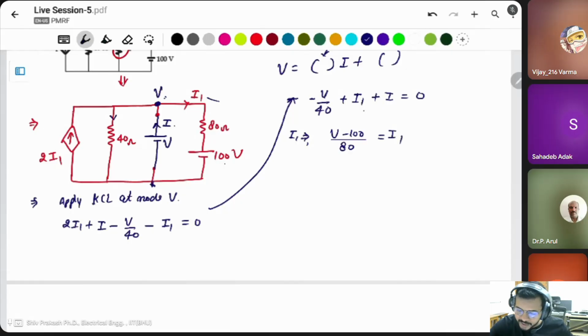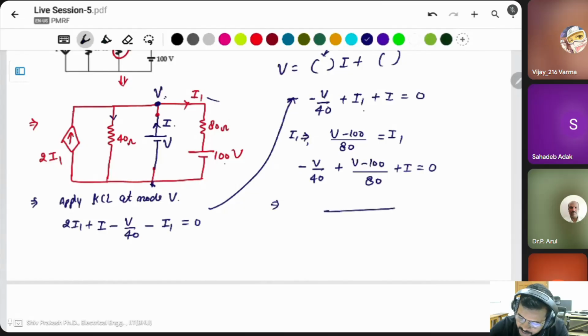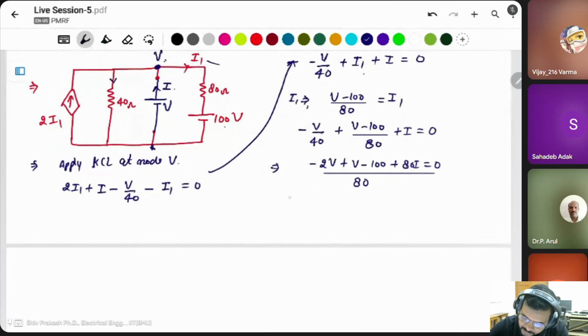Put the value of I1 here: V by 40 plus (V minus 100) divided by 80, plus I is equal to 0. The LCM is 80, so it's minus 2V plus V minus 100 plus 80 I is equal to 0. This is minus V minus 100 plus 80 I is equal to 0. So V is equal to 80 I minus 100.